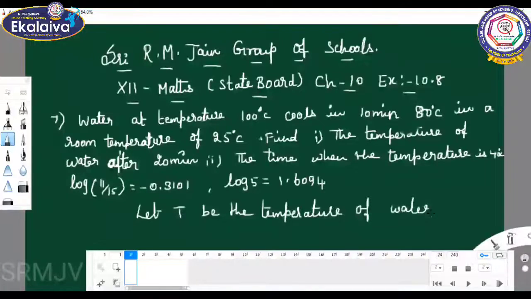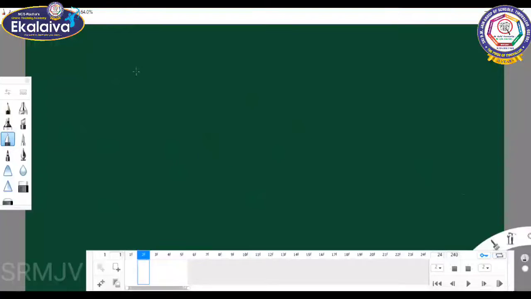Let S be the room temperature. It is constant. What is the room temperature? It is given in the question: 25 degrees C. That is the room temperature, and it is constant.